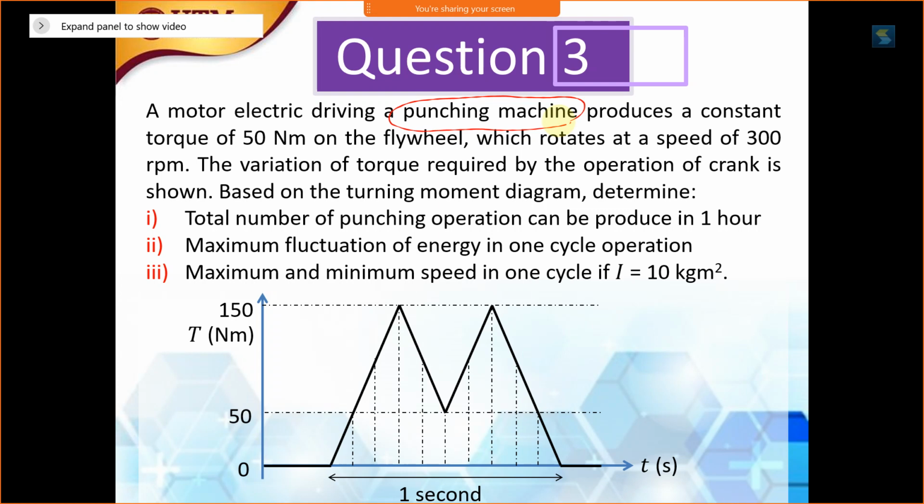So if type number 2, kita akan ada, we are given 50 Newton meter torque, a constant torque on a flywheel. Alright, so apa yang kita boleh buat adalah first, we need to find a total number of punching operation can be produced in 1 hour.